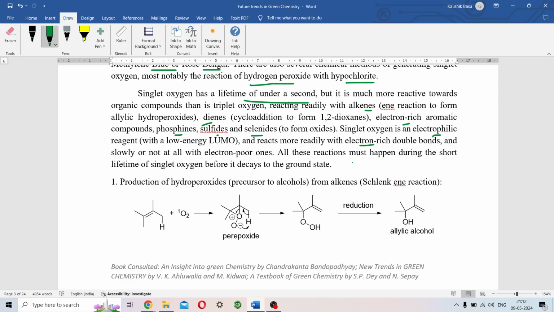Say for example, you can have production of hydroperoxides, which are precursors of alcohols from alkenes.